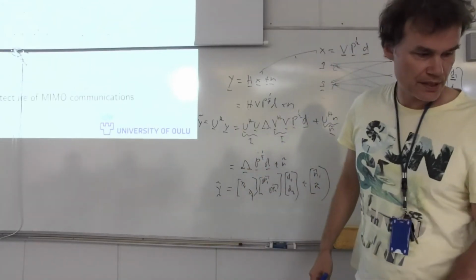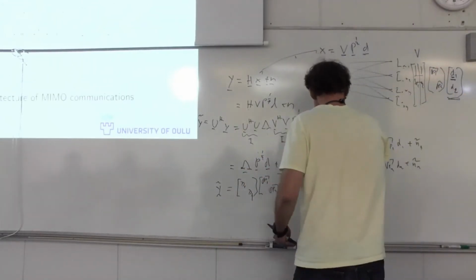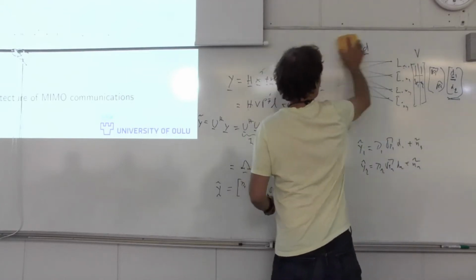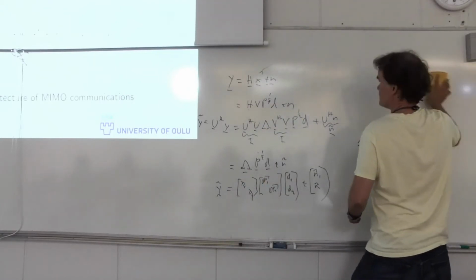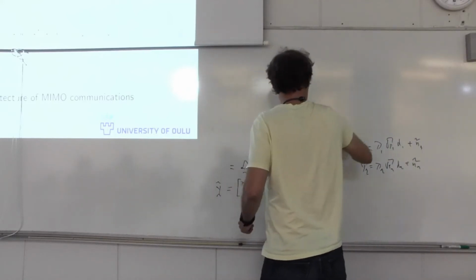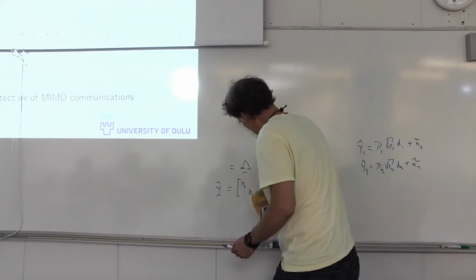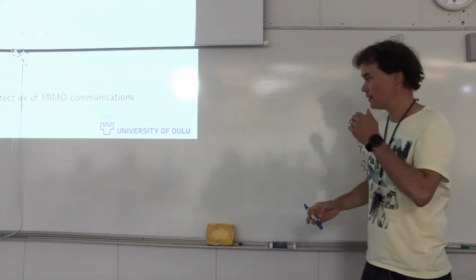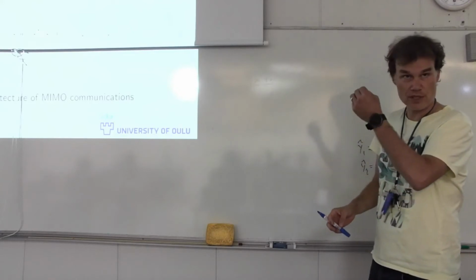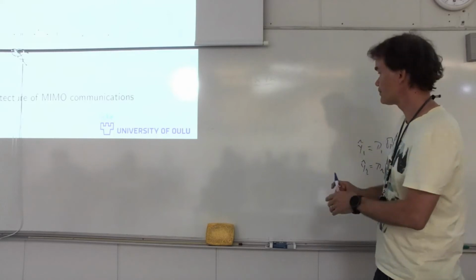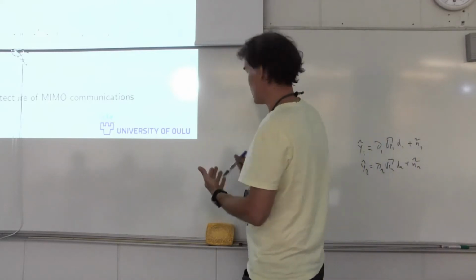What can we do with this? We can first compute the SNR per stream. These are parallel channels. We have Gaussian input. And the capacity or the rate of a stream, the Gaussian stream generated from the Gaussian input, depends on the SNR, right?